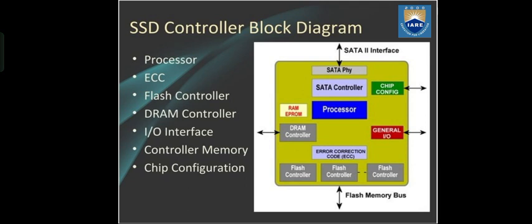SSD controller block diagram. The SSD controller has a processor, ECC, flash controller, DRAM controller, that is dynamic RAM controller, IO interface, and controller memory, chip configuration. The diagram is as you can see on screen.